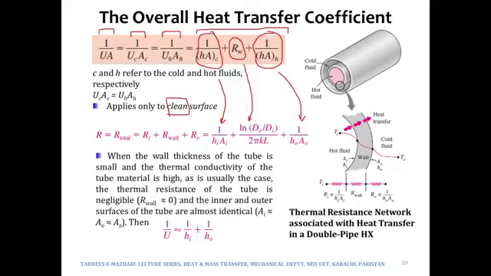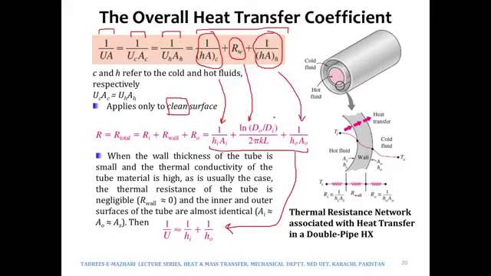If we have an additional resistance due to fouling, of course that will be written as the fourth or even the fifth resistance on the right hand side of the equation. Now over here, coming from this point to here, if it is a thin walled cylinder, then Do and Di would approximately be the same.